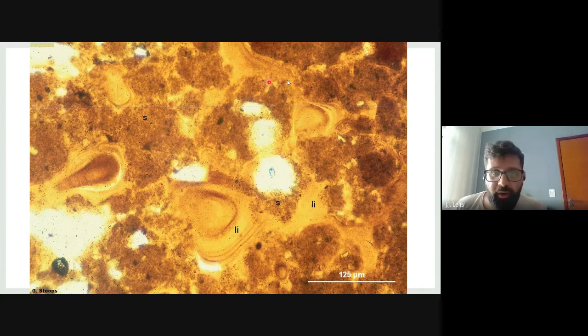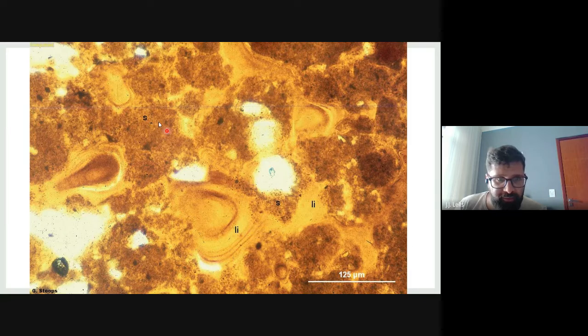This is another thin section that expresses again the migration of clay inside the voids and the formation of fillings. So we can see in this white area, and here, and here, and here, and here, they are voids.